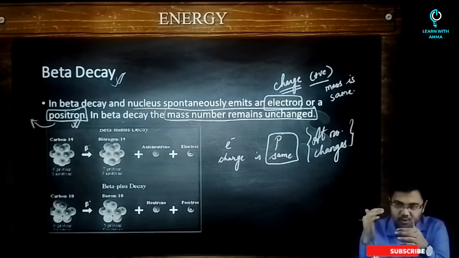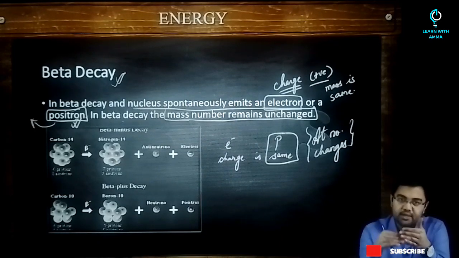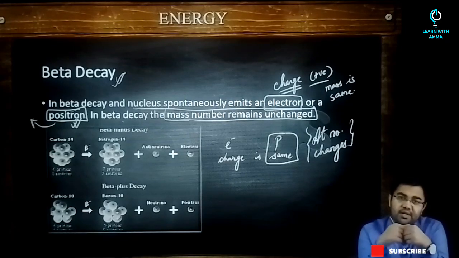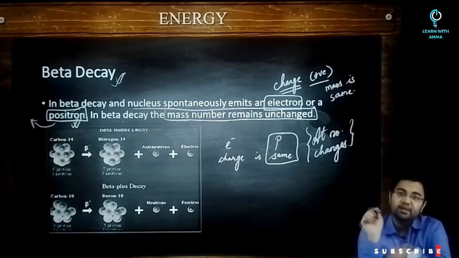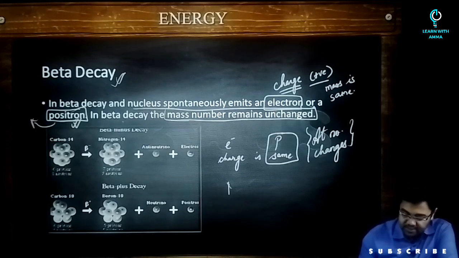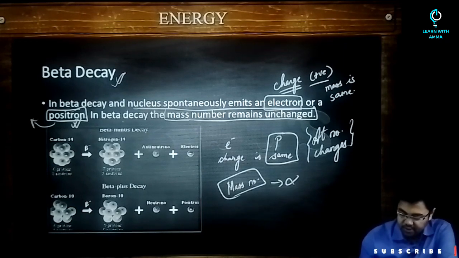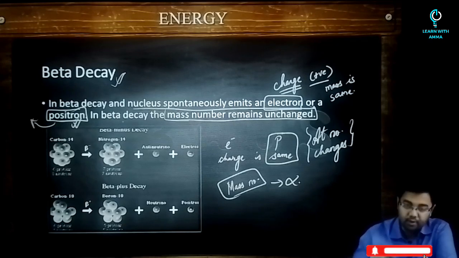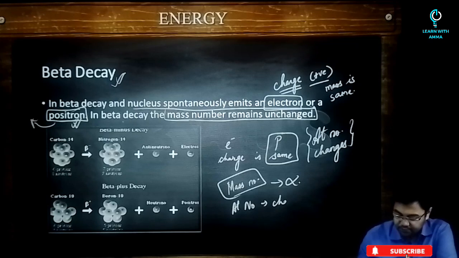Option A, alpha particle decay; option B, beta decay; option C, gamma decay; option D, both A and B. What we know about mass number change is that the mass number would change only for alpha decay, and it will not change for beta decay. When it comes to atomic number, it will change for both.